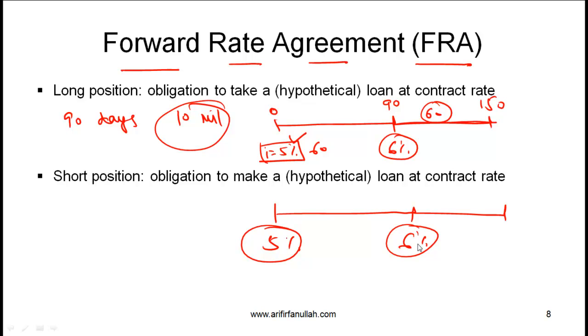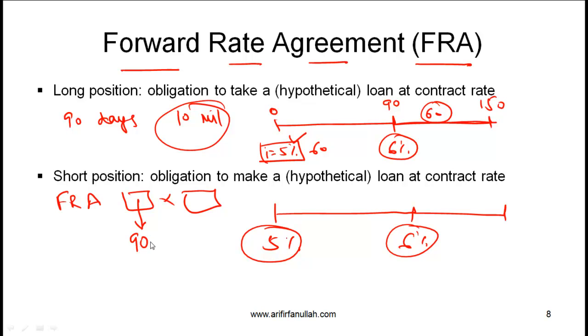A quick word on FRA terminology. The way you might see FRAs described is as follows. In this example that I have just shown, you typically write an FRA as something by something. How do you come up with these somethings? The first number specified is when the loan will start. So given time 0, the loan is starting at day 90.